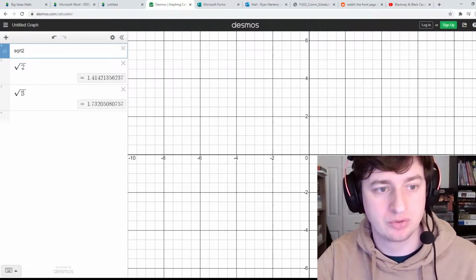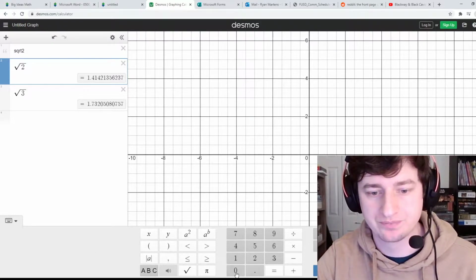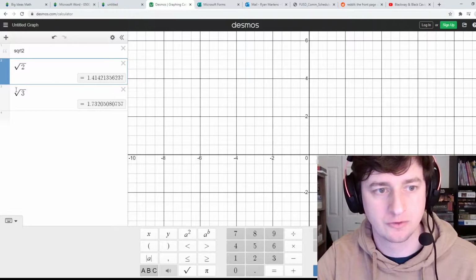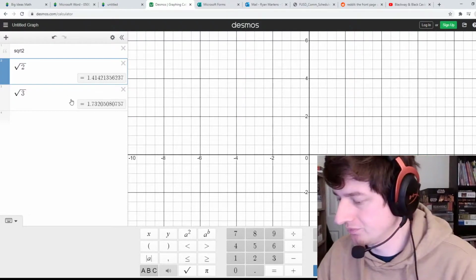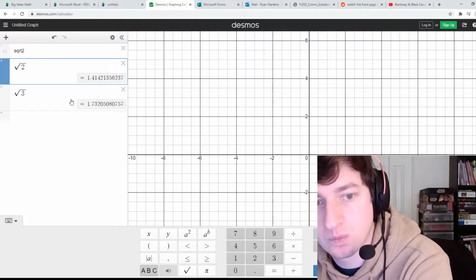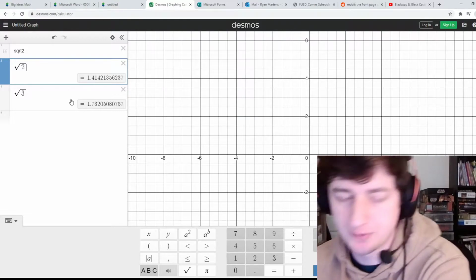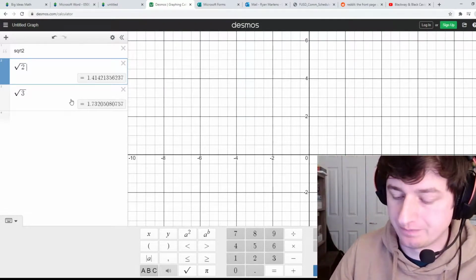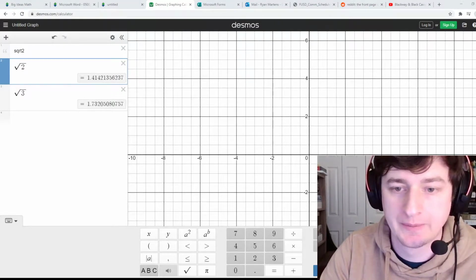So when we do cube root, we'll need to use our little function here to be able to put the 3 up there, but this is fine. So 1.41 and 1.73. If you have a calculator or your phone, you can use those to do this calculation too. You don't need to use Desmos.